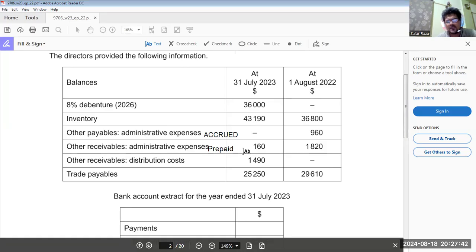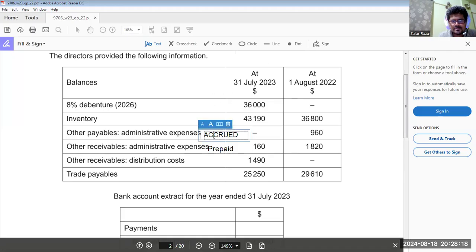This is the formula for calculating the correct expense, and this is the formula on which I have calculated the administrative expense.